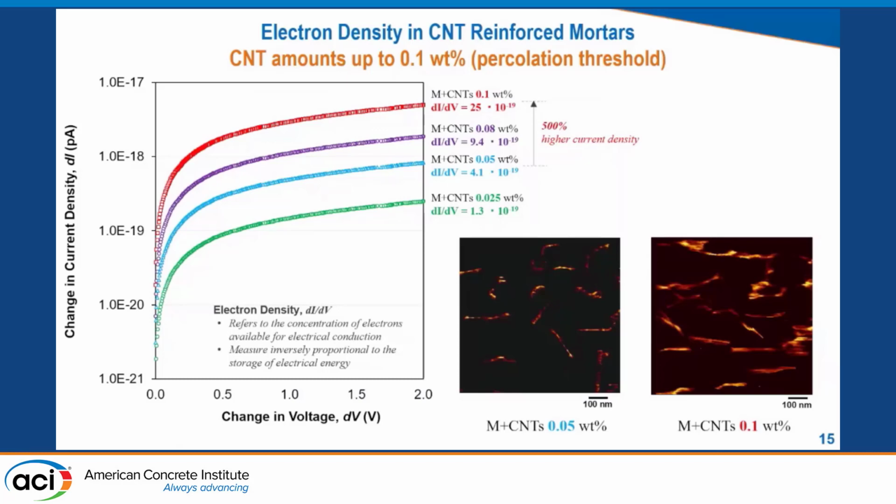So here we see the change in current density to change in voltage of these mortars reinforced with nanotubes from 0.025 up to 0.1. And we see that once we establish a continuous network within the matrix, this current density increases by 500%.